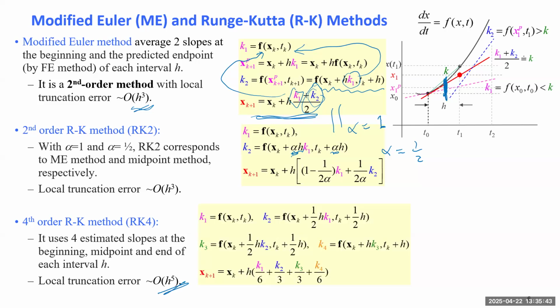So here I give you one conventional strategy for the Runge-Kutta fourth order method. You need to calculate K1, which is the same as the Euler method, and K2 is similar to the second order Runge-Kutta method with alpha equals half.